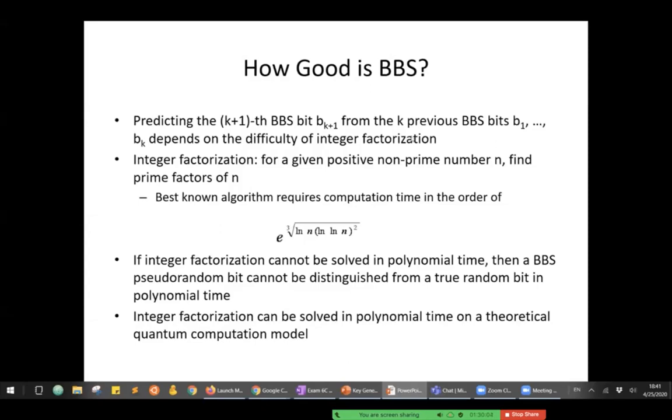Either 0 or 1, but you don't know which one. And so this just means that if integer factorization cannot be solved in polynomial time, then a BBS pseudo-random bit cannot be distinguished from a true random bit in polynomial time. Now, the fastest algorithm we know at this time that solves integer factorization has this time complexity, which is exponential.